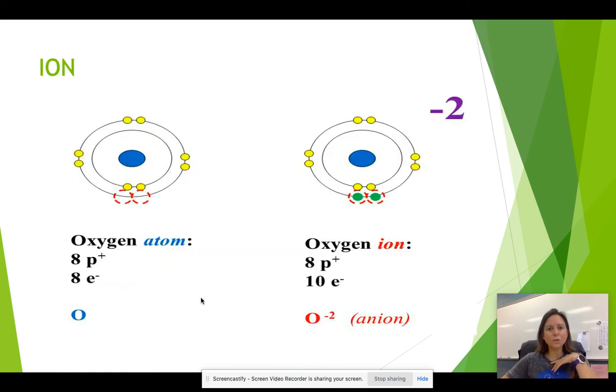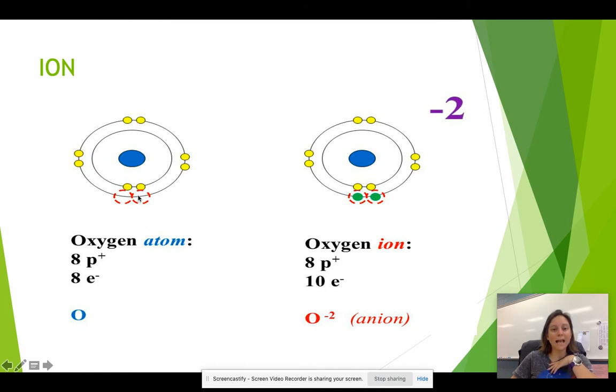So let's look at what's going on in those Bohr models. Here I have an atom of oxygen. Remember, oxygen has a total of 8 electrons, but 6 valence electrons. So I have these 2 holes here that they want to fill with electrons.